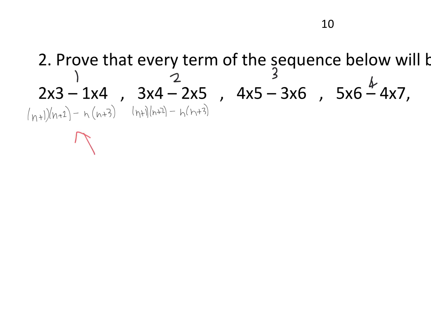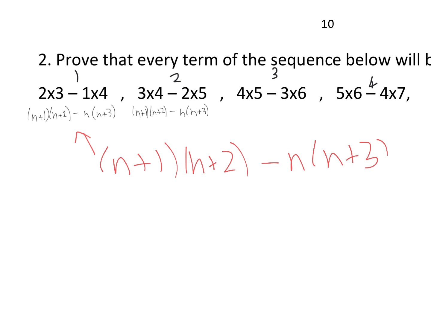Just going to zoom it in a little bit. So we've got n plus 1 times n plus 2, and we're going to take away n times n plus 3. If we expand that bracket out, we get n squared plus 2n plus n plus 2. And we take away n squared plus 3n.